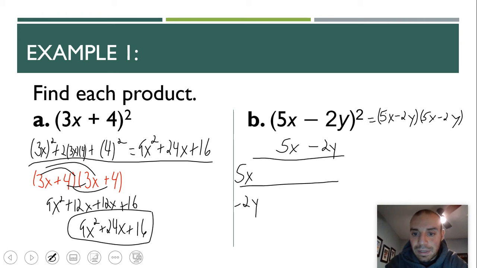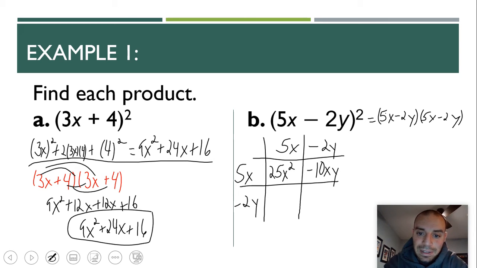And then we'll go through the same thing. 5x times 5x is 25x squared. 5x times negative 2y is going to be negative 10xy. Multiply the numbers, keep the x and the y. Same thing here, negative 10xy. And then negative 2y times negative 2y is going to be a positive 4y squared.